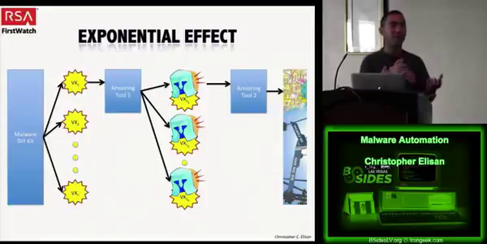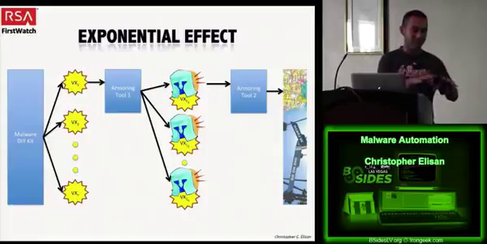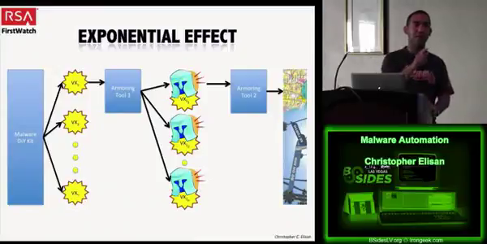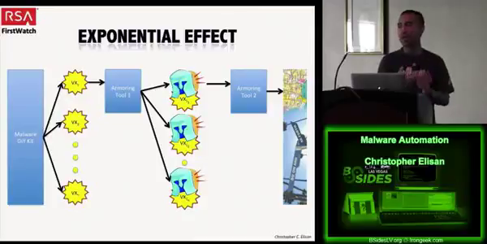Unlike polymorphic malware, which is different on disk but then when running in memory, it has three components. It has the encryption decryption routine, it has the key, or a location of the key, and then it has the malware code.